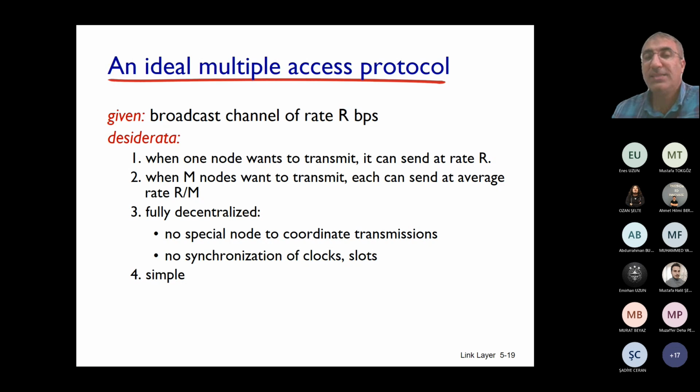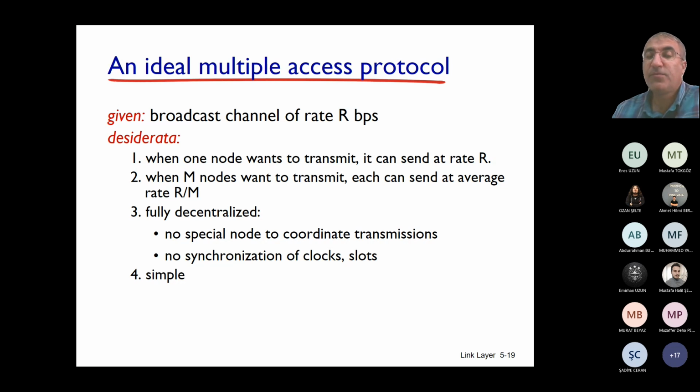What is desired in this case is that when one node wants to transmit, it can send at rate R. So if there is only one node trying to transmit its datagrams or packets, it can utilize the whole bandwidth R, because there is no other node. But in practice, there may be M nodes that want to transmit, and each can send at an average rate of R over M, of course.